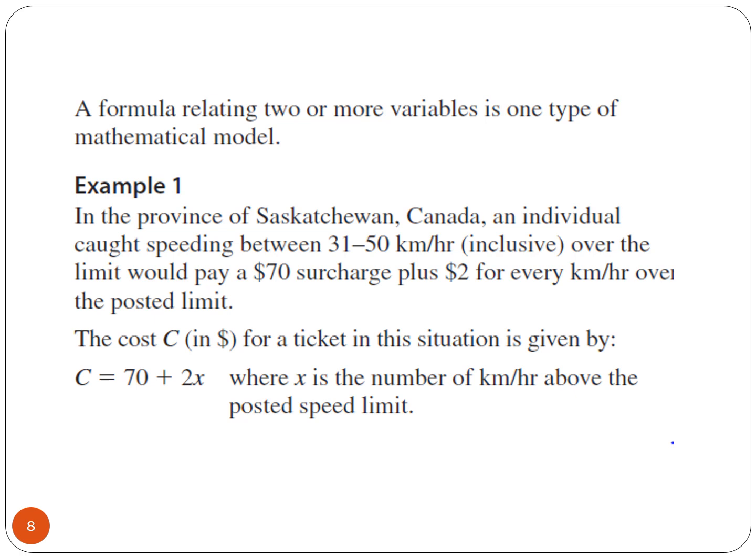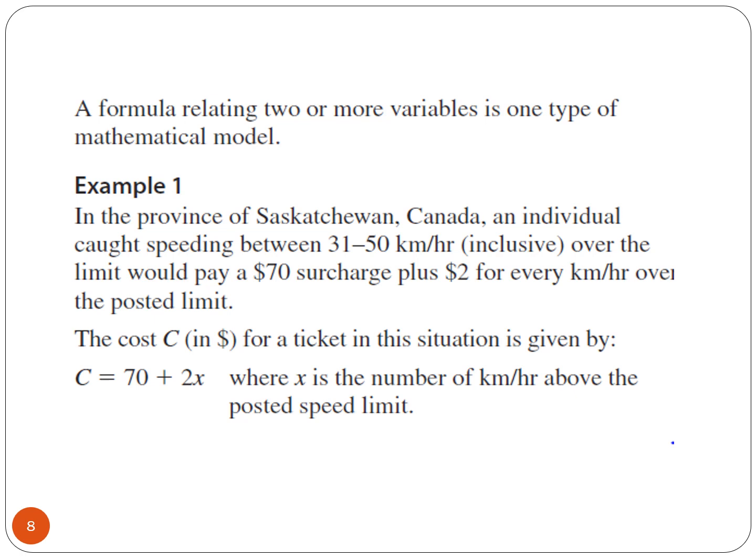For example 1, we have, in a province in Canada, an individual caught speeding. You know, when you drive a car, if you drive over the speed limit, you might get a ticket. In this ticket, the fine that you pay depends on how fast you are going over the speed limit.